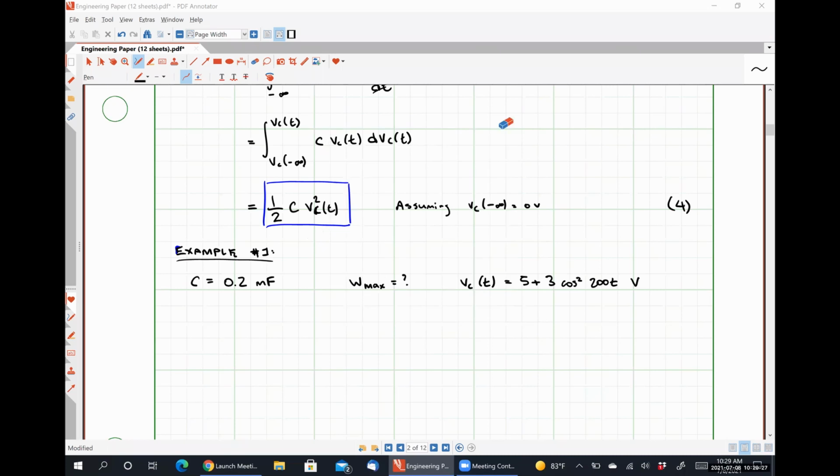Most positive. So because it's squared, the most positive value or the most negative value would be appropriate here.